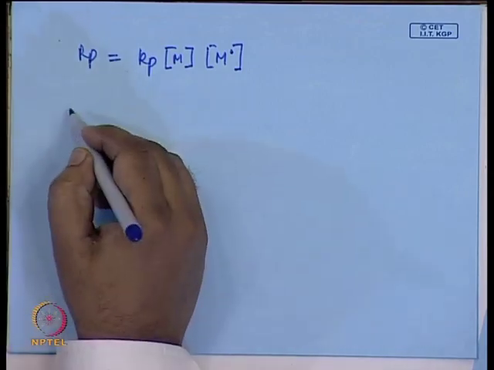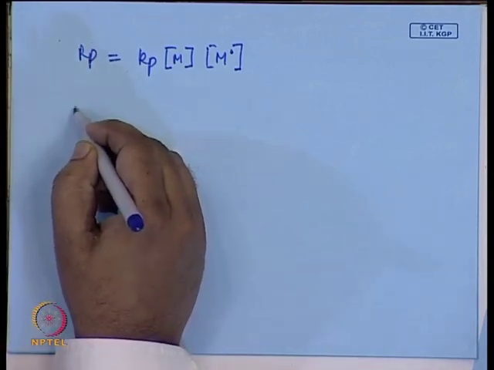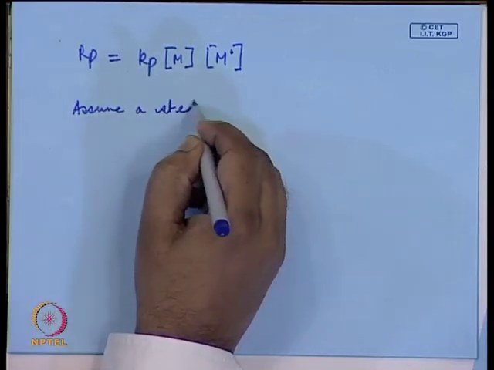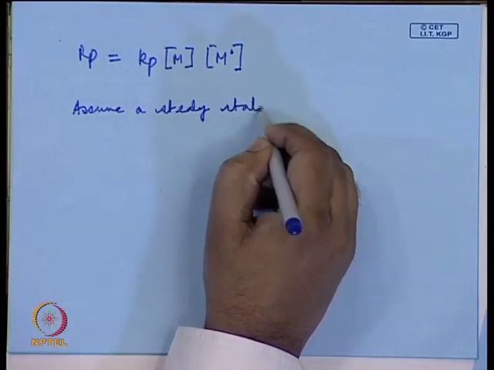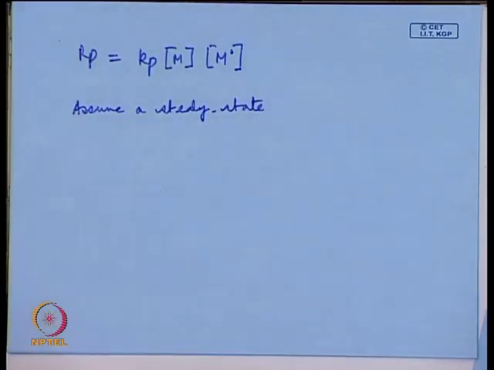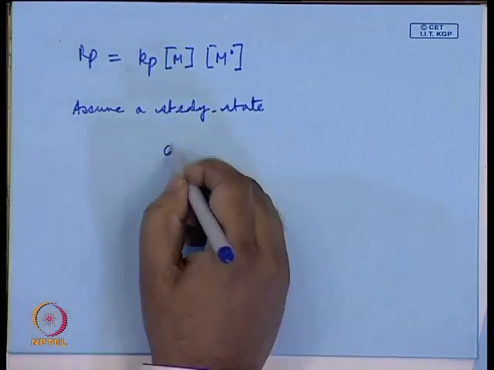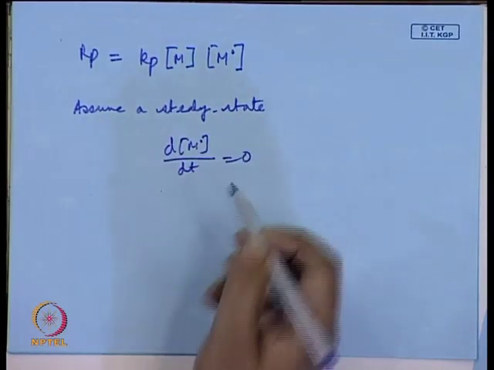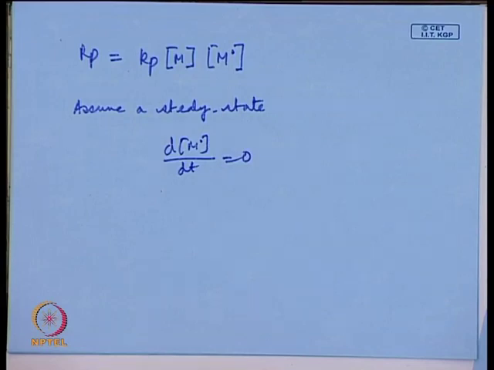We assume a steady state, where immediately after the reaction starts, the change in total radical concentration becomes 0 with time, which means that the radicals are consumed at the same rate as they are being produced.